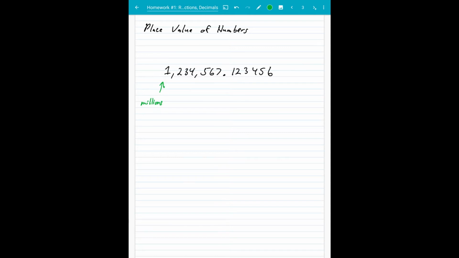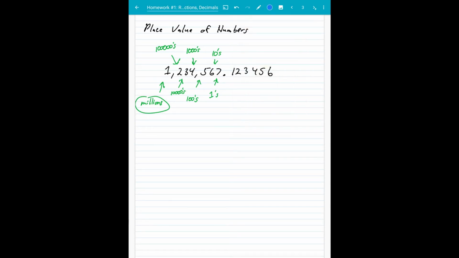One million. Whereas the first number would be the ones place. This would be the tens place. This would be the 100s place. This is the 1000s place. This is the 10,000s place. This would be the 100,000s place. And then this is the millions place at the end, right? Keeps going up for every 10.